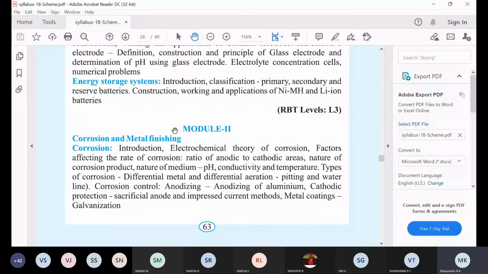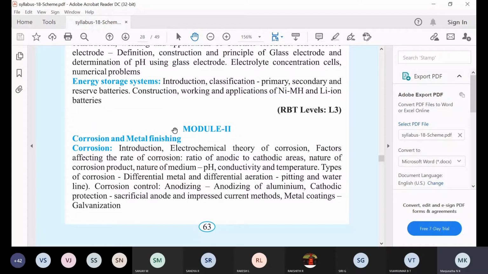After that we are going to study some different types of corrosion observed when a metal is exposed to the surrounding environment, in which there are three types of corrosion. One is differential metal corrosion, another is differential aeration corrosion, and another is stress corrosion. After that we are going to study some corrosion control methods.